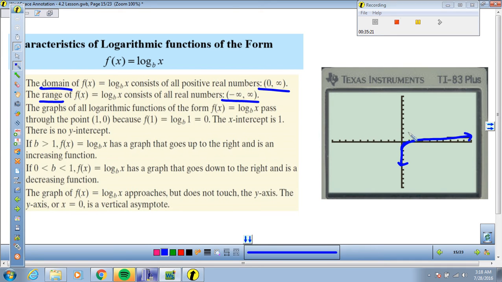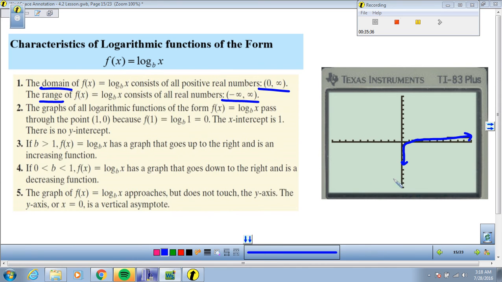In reality, it's impossible to graph it in a way that it doesn't look like it's touching the x-axis, but in reality, this graph has a vertical asymptote right here, overlapping the y-axis. There is a vertical asymptote at x equals 0.